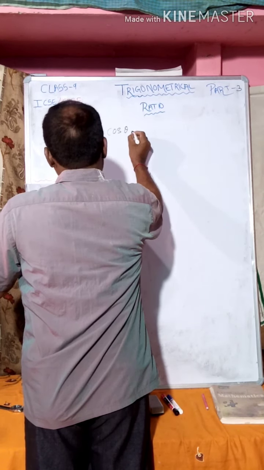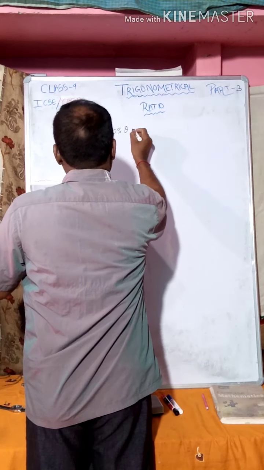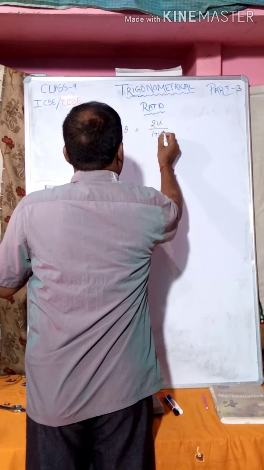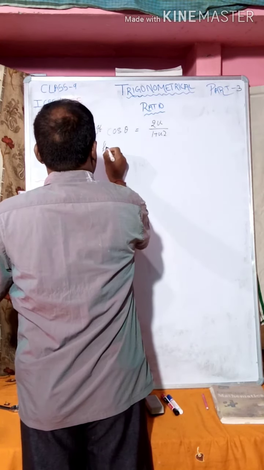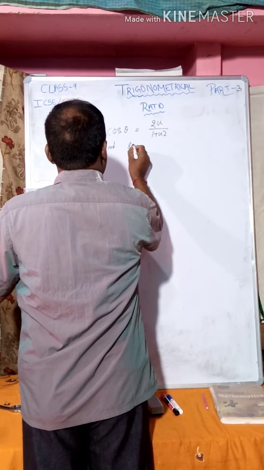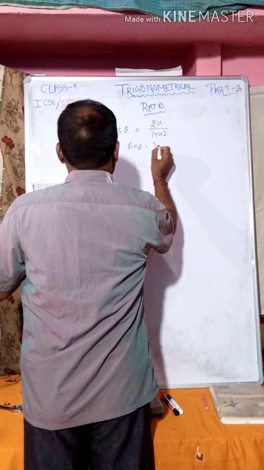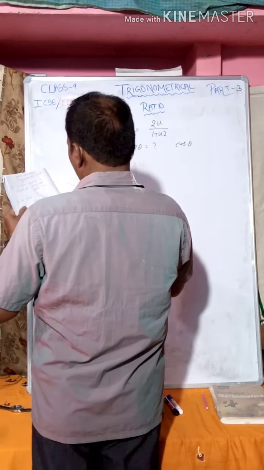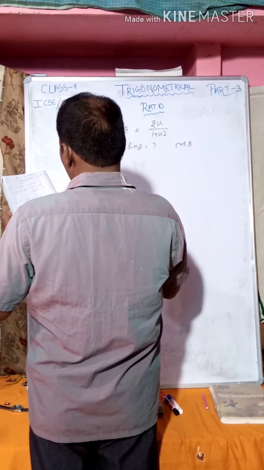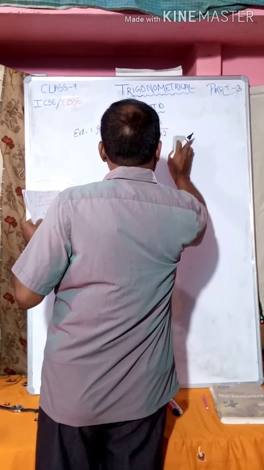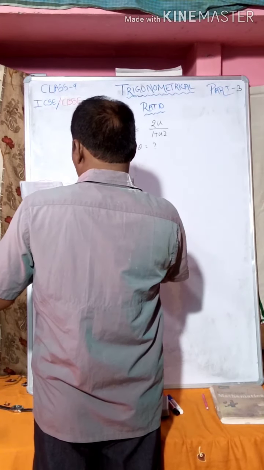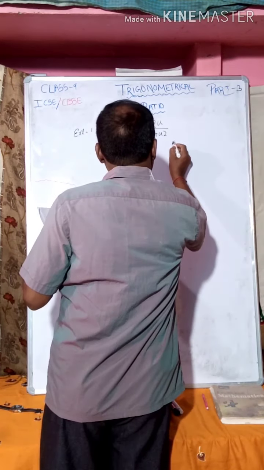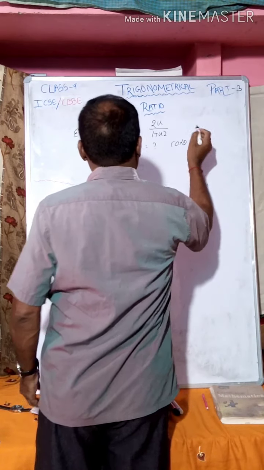Example 2. If cos theta is equal to 2x upon 1 plus x square, find sin theta is equal to what, and cot theta is equal to what.